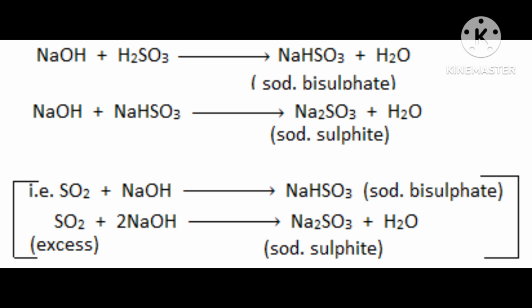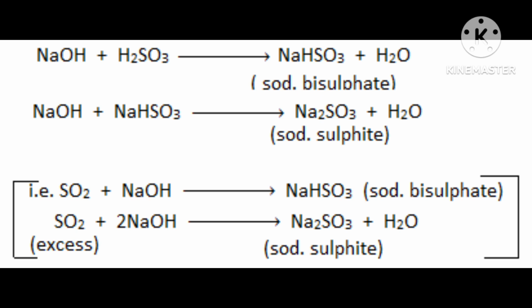Means 2 single bonds, 1 double bond, and on sulfur one pair of electrons is there. Okay, all are angular. Whatever I will tell, all are angular.